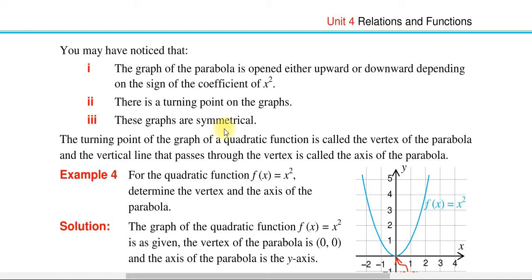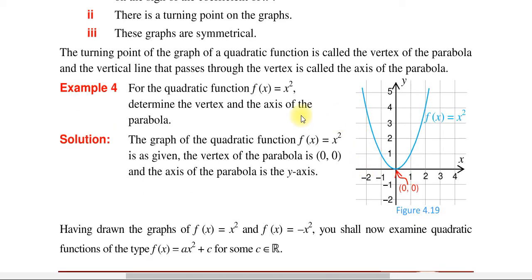So we should keep three points in mind: first, it opens either upward or downward; second, it has a turning point; third, the graph is symmetric. The turning point of the graph of a quadratic function is called the vertex of the parabola, and the vertical line that passes through the vertex of this function is called the axis of the parabola. For example, the graph of f of x equal to x square looks like this.